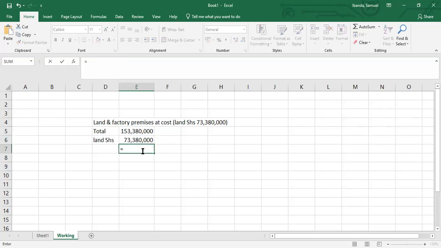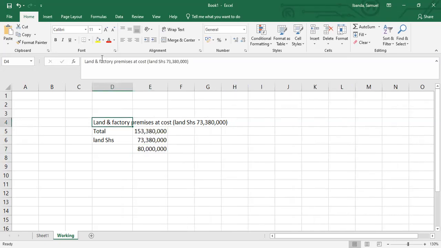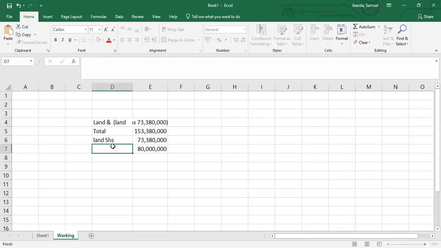So when I want to get the difference between this minus this, it gives me 80 million. So the factory premise cost is actually 80 million. This is my working one. Why I needed this is because I want to calculate the depreciation.